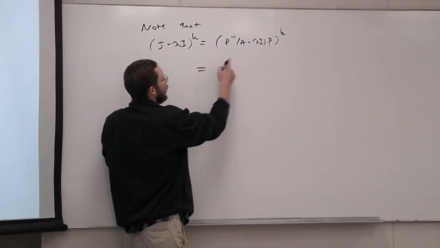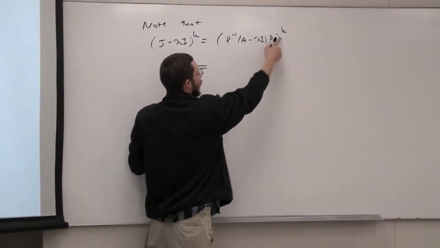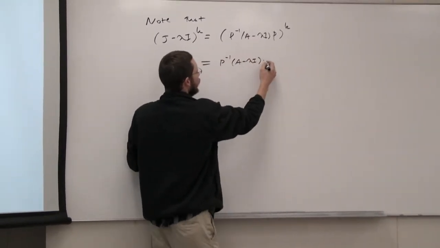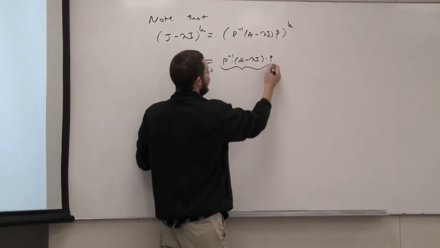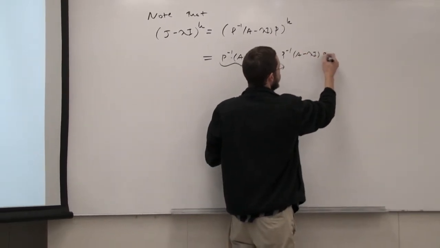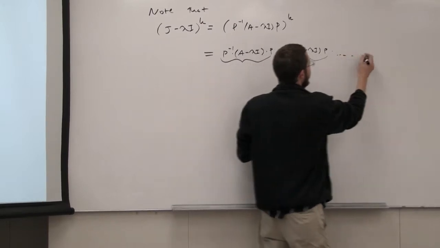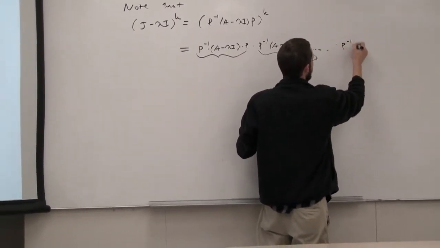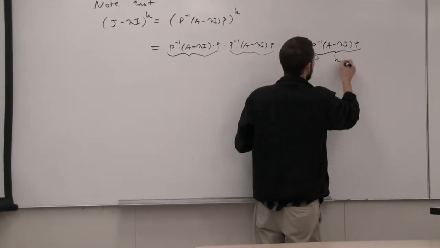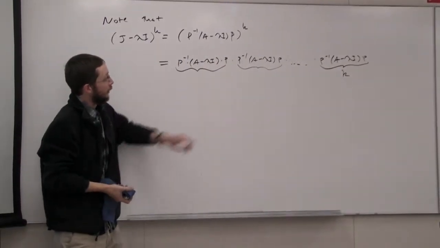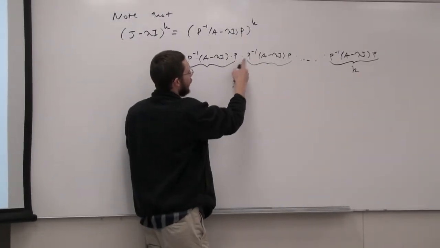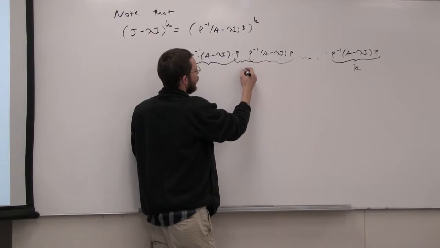And now what we'll do is we'll write this out. We'll write out k copies of this, okay? So there's one copy. Second copy. And so we just write out k copies. And in doing that, we notice that the inner product here, P times P inverse, reduces out of the picture.